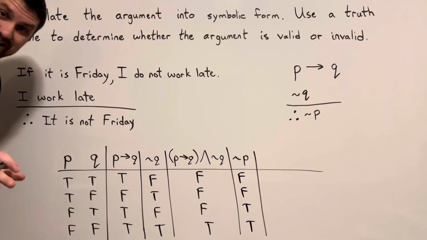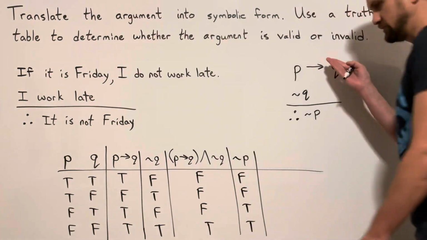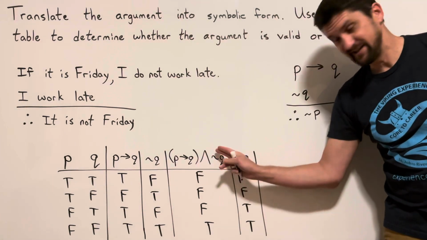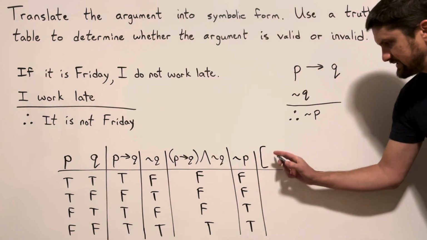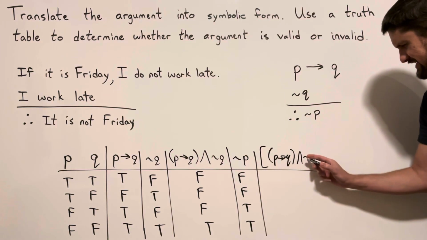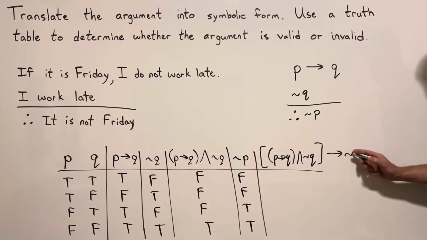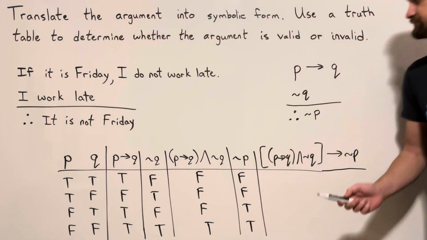All right, now I'm ready to put it all together into this argument right here. It's going to be if this, then this. So I'm going to use brackets. If P, then Q, and the negation of Q, then the negation of P. So I'm checking this column.